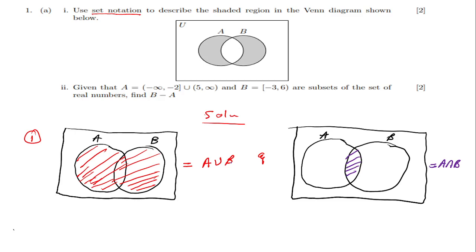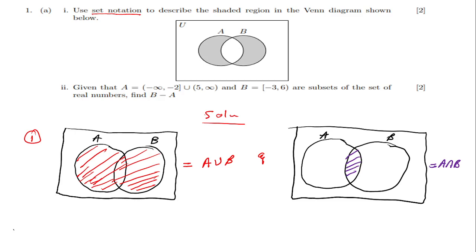I know that this is A union B, and that the unshaded region is A intersection B.